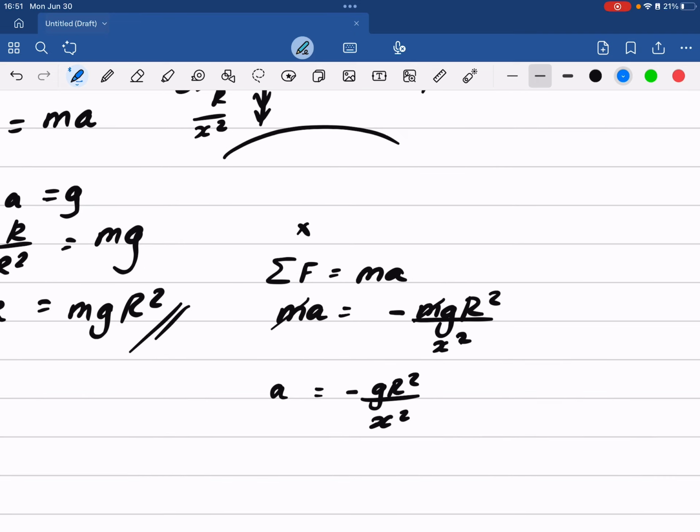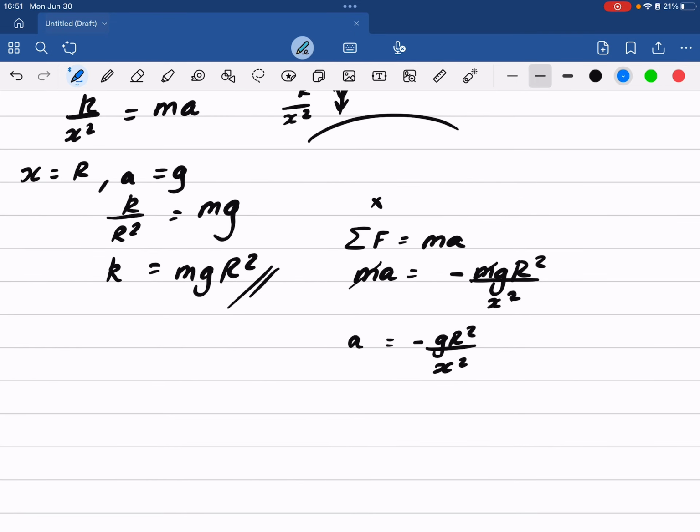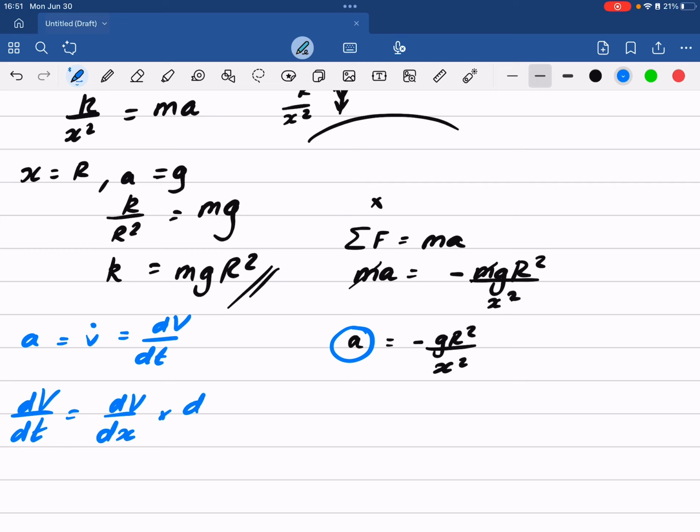And to do this, what we need to do is we need to redefine what acceleration means. So let me just take this step by step. Acceleration is the first derivative of velocity, which is equal to dv by dt. Now, if I use the chain rule and I just rewrite dv by dt, I can say that dv by dt is equal to dv by dx multiplied by dx by dt. And this is just velocity.